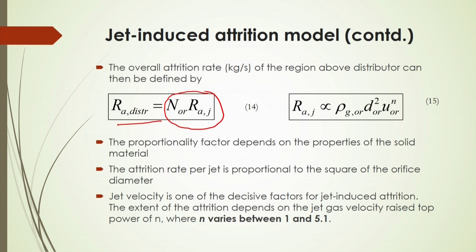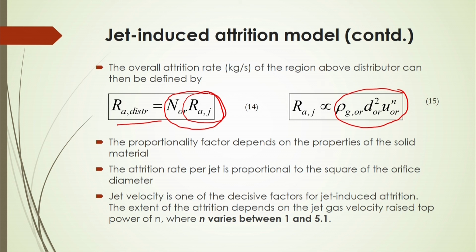Here NOR is the number of orifice holes in the distributor, and RAJ is the rate of attrition for a jet. This RAJ is proportional to the gas density and the square of the orifice diameter, or you can say the cross sectional area of the orifice hole, and also the flow rate of the gas through the orifice hole.